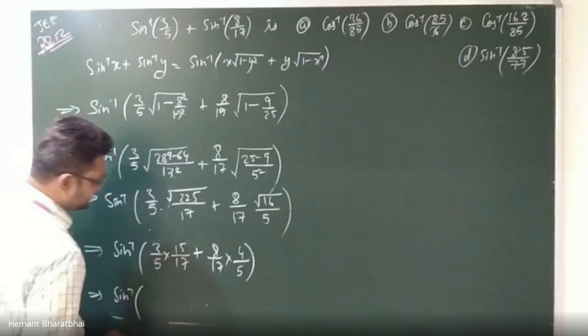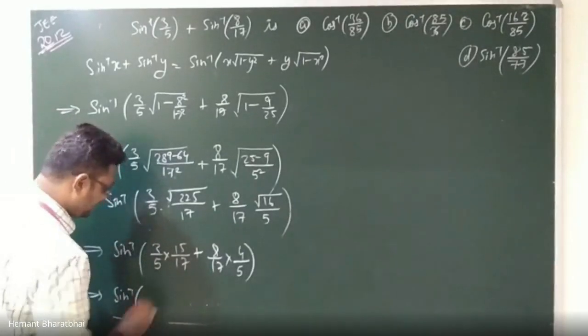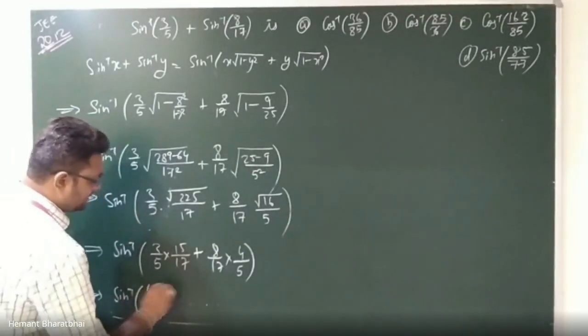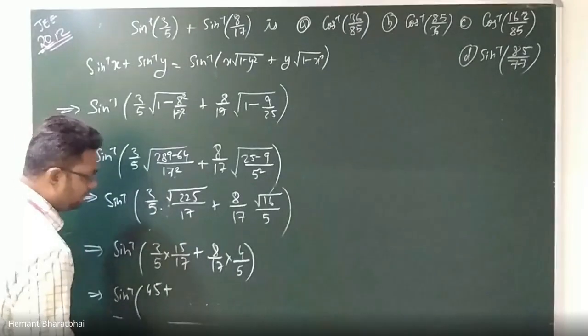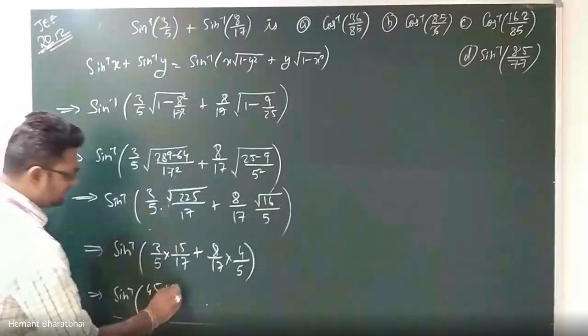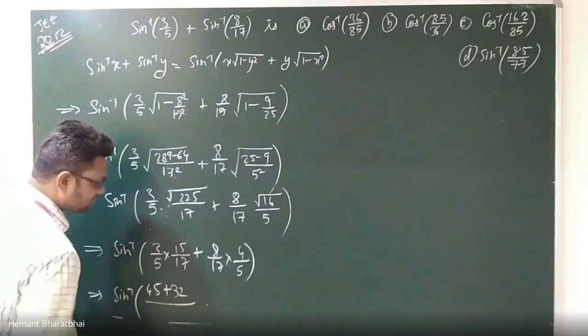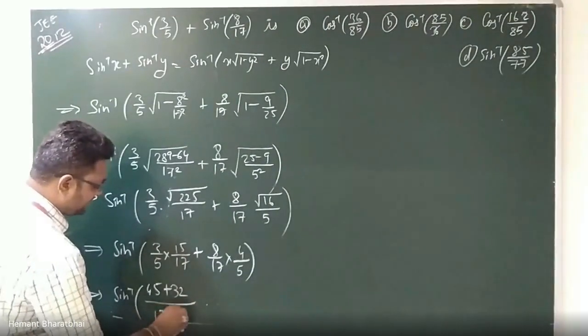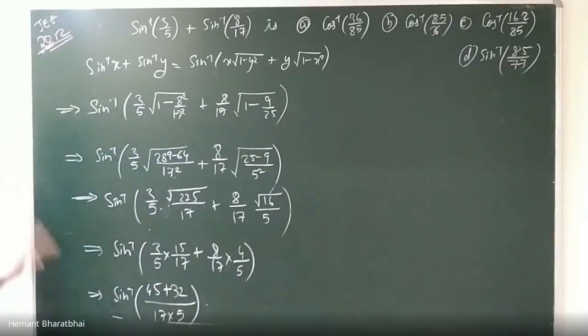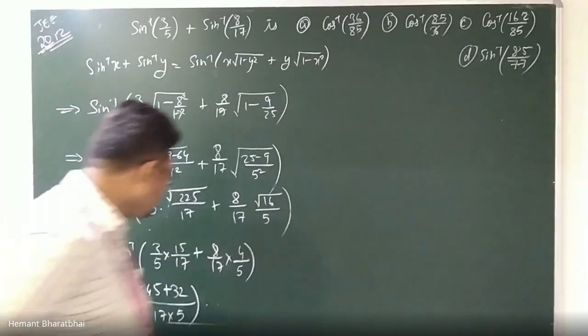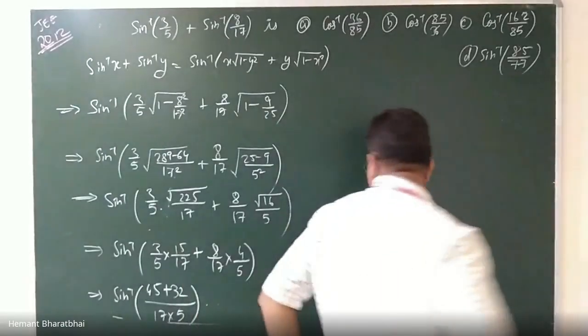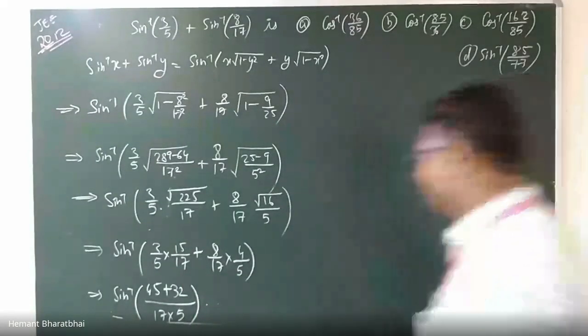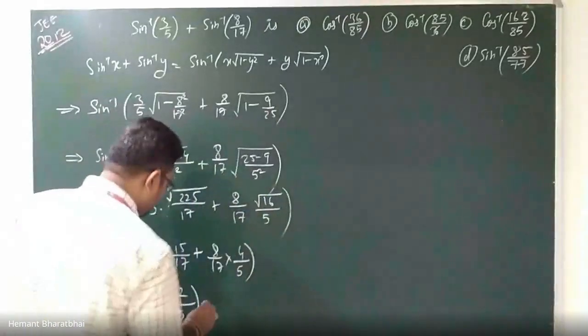So I'll get sine inverse of 15 into 3, so 45 plus 32, upon 17 into 5. So 45 plus 32 will give me 77. 17 into 5 will give me 85.